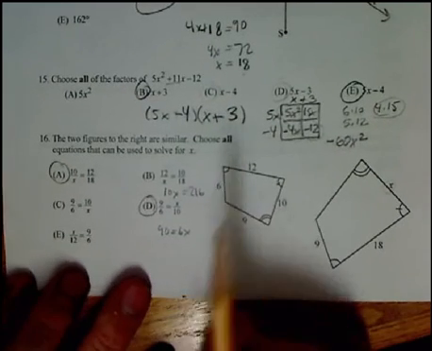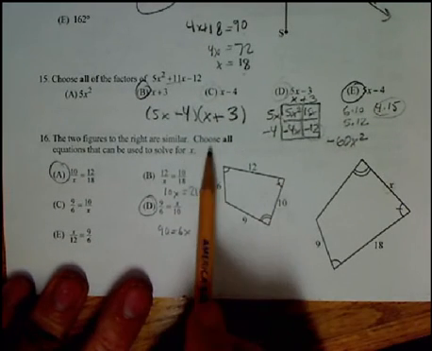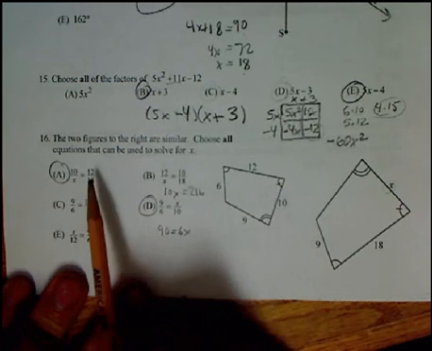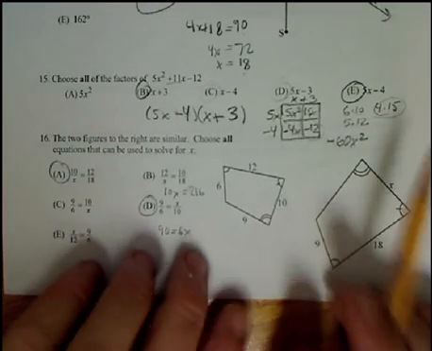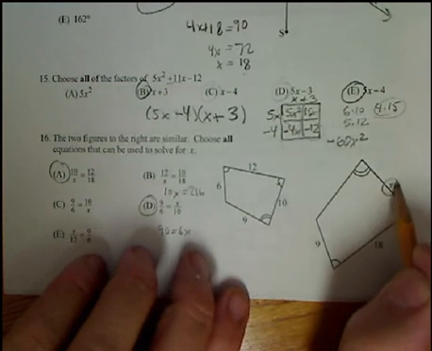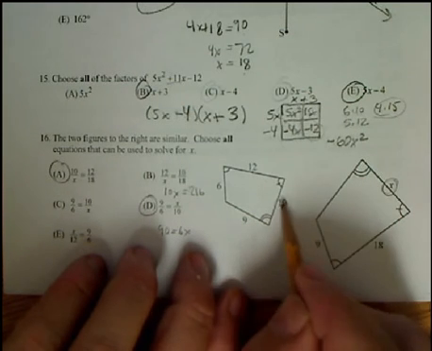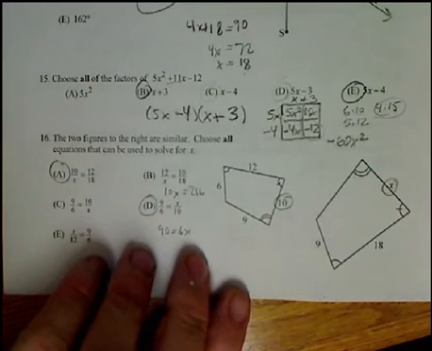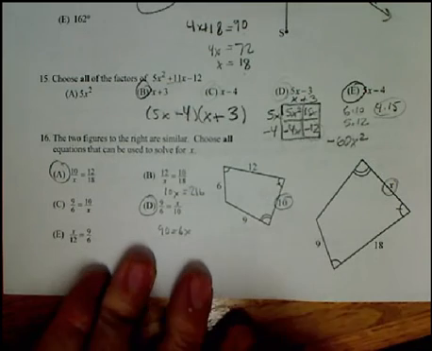On 16, now when you're looking at this thing, you want to match up things. We're working with similar figures, and I'm going to see how to solve this. When I'm looking at my x, x is between the double and this little line with a dash. So that matches with the 10. So I'm looking at things that match the x and the 10. Okay, now I want to see if it works out.